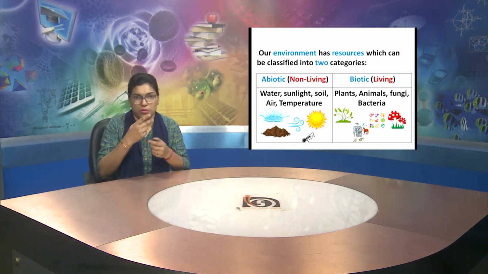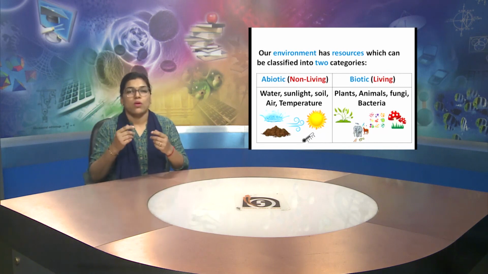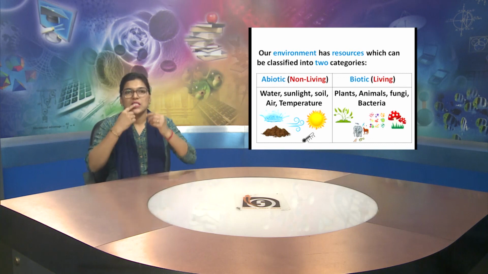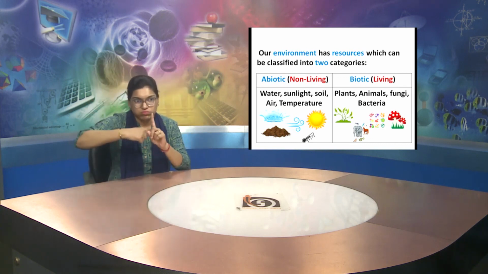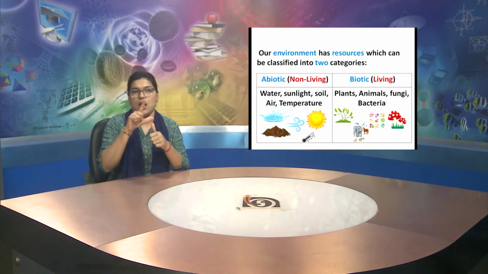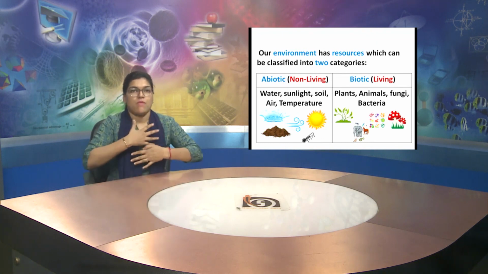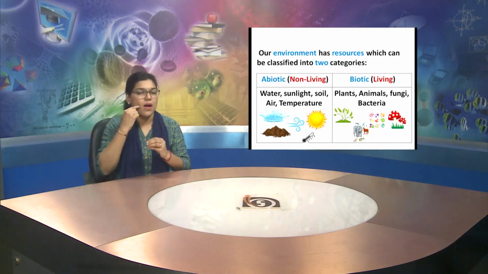Abiotic are those resources which are non-living. You can also see the image on the screen, like the soil, the water from the rain, the temperature. All these resources are known as abiotic or non-living resources.